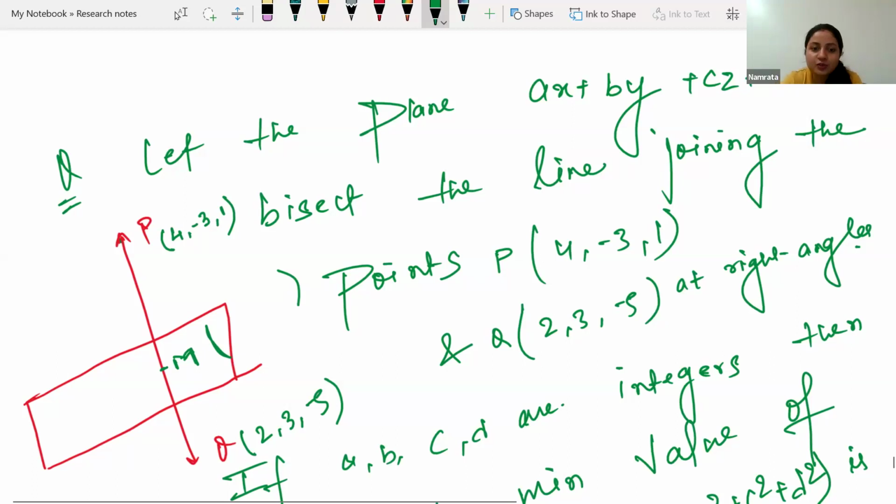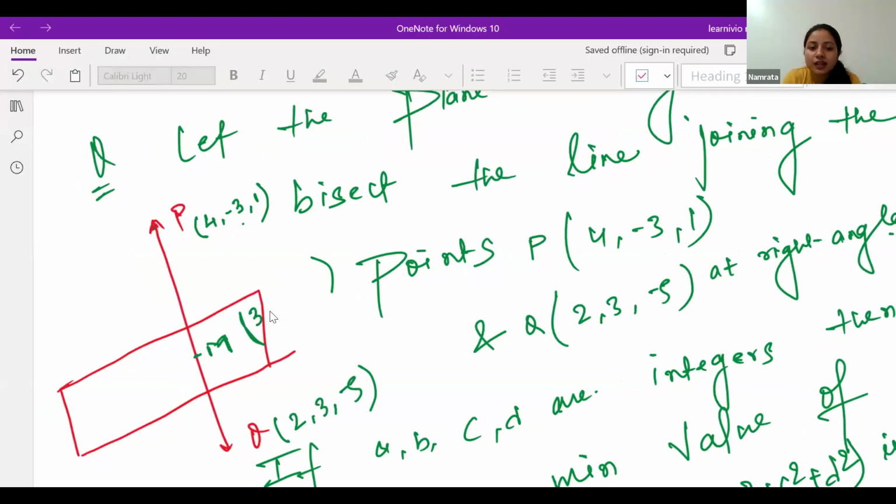4 plus 2 by 2, 6 by 2 is 3, right? Minus 3 and then plus 3, that means 0 by 2. 1 minus of minus 5, that means 6 by 2, that is 3. So it is 3, 0, 3.